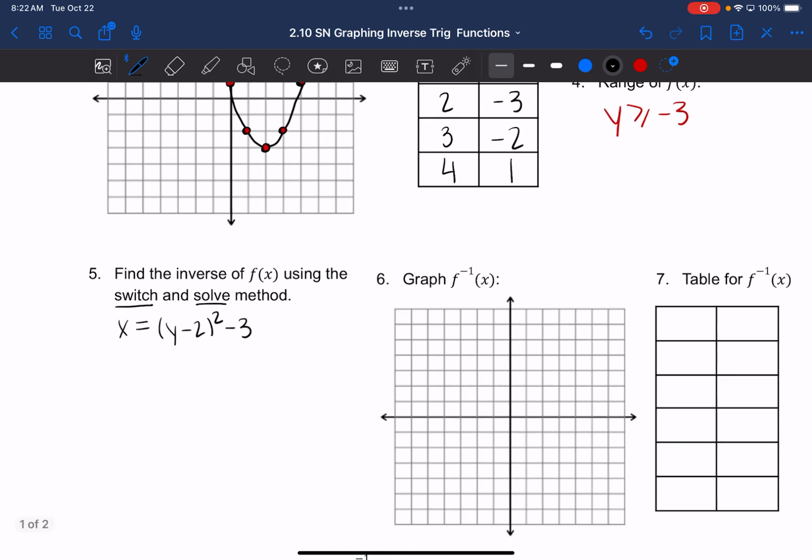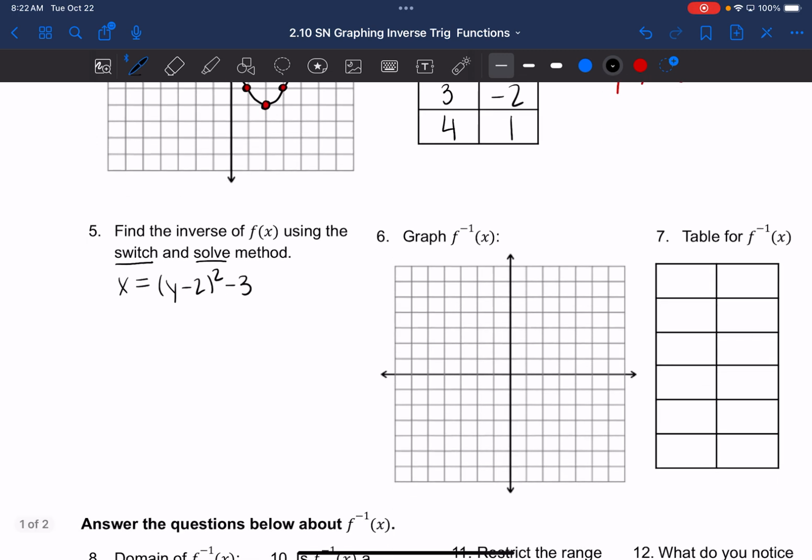So if all you have to do is come up with the inverse equation, if you switch x and y and solve for y, that will give you the inverse equation. So I'm trying to get the y by itself. So I'm going to solve this just like I would any other equation. What do you guys think we should do now?